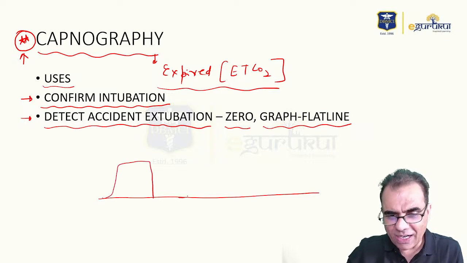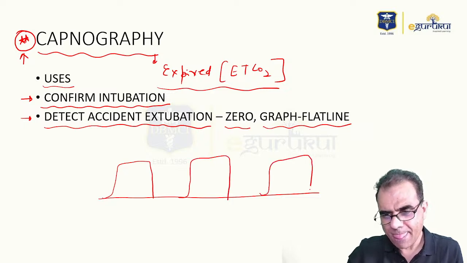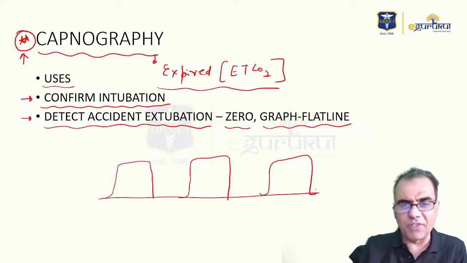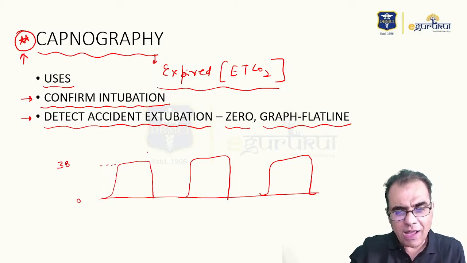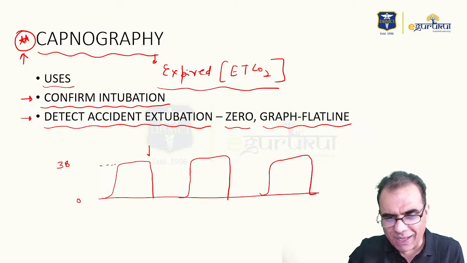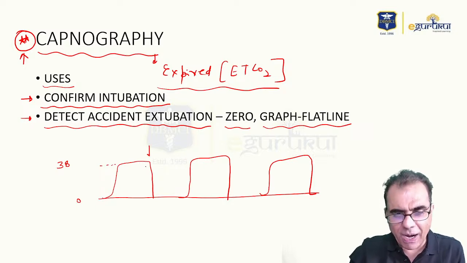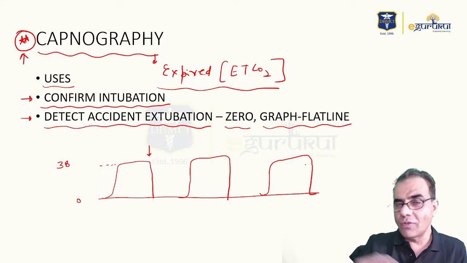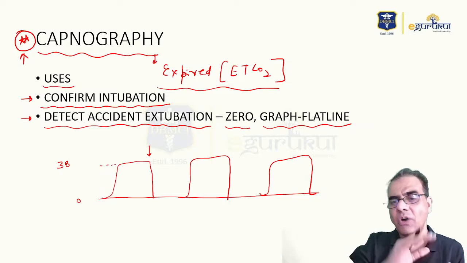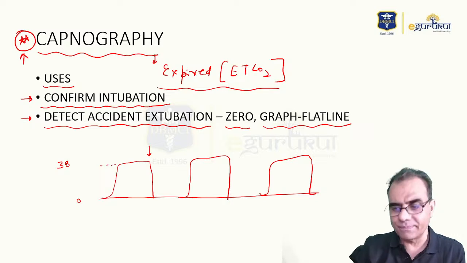You will see this kind of graph. This is around normal, around 40. So you can say around 30 mmHg, and this is 0. It will reach the peak and then become 0. In the next breath, again when there is expired CO2, it will reach the peak and come to 0. So the graph will come like that. When no CO2 is exhaling out, the graph will become a flat line.